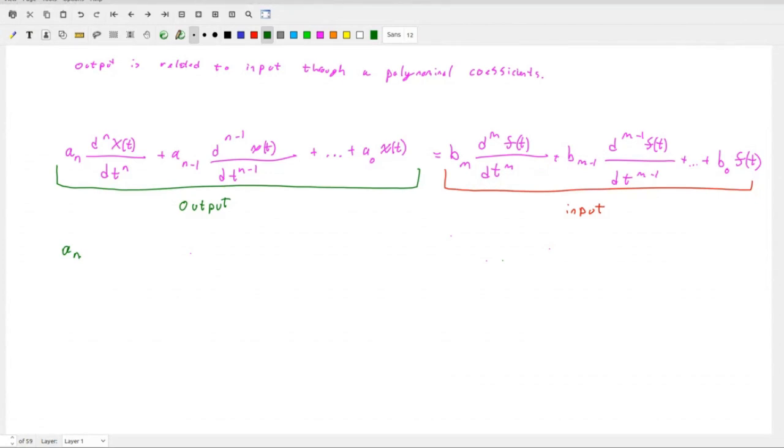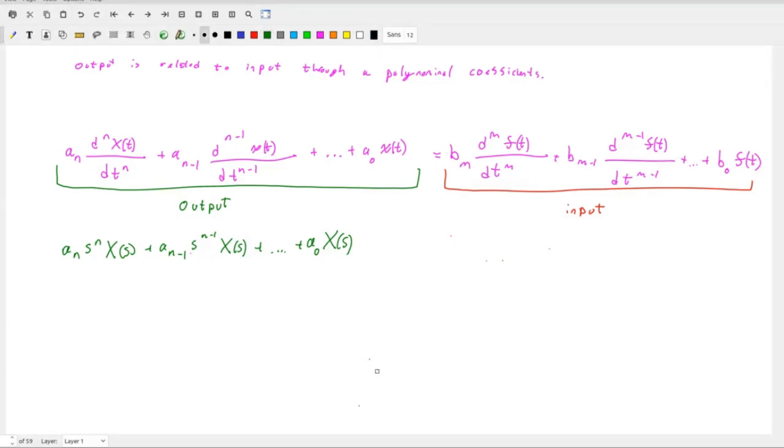It's constant, so it's going to go through the Laplace: a to the n times s to the n, depending on how many derivatives we take, times x of s, plus a to the n minus 1, again it's constant, it goes right through, times s to the n minus 1, x of s, plus however many other terms we have, a naught x of s.